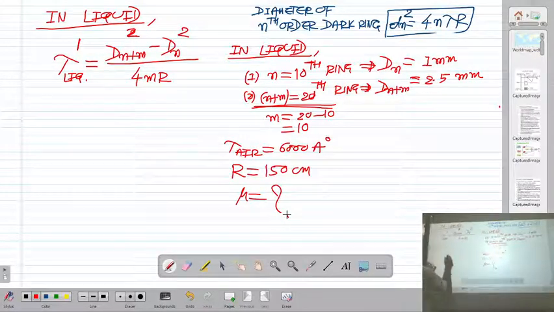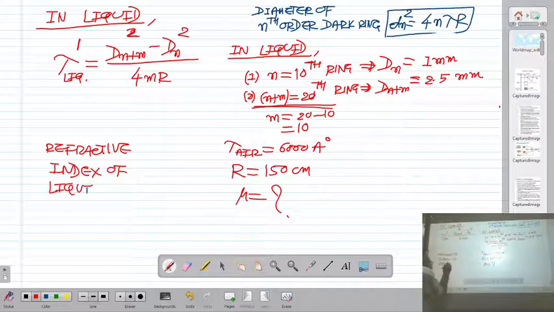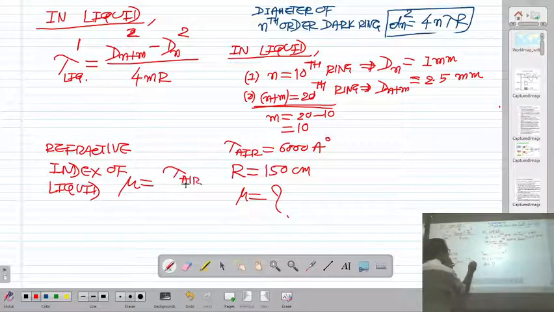So you have to use one equation. The refractive index of liquid, mu, is equal to the wavelength of light in air upon the wavelength of light in liquid.